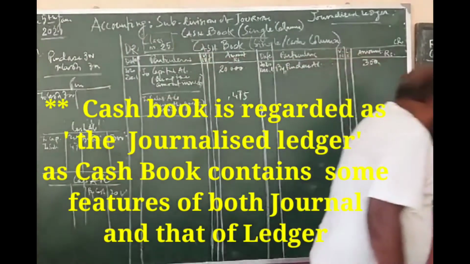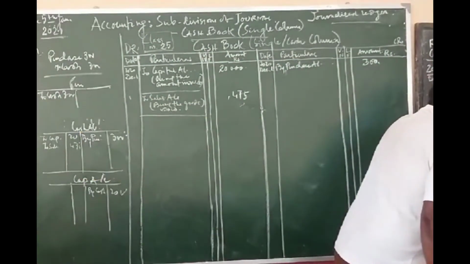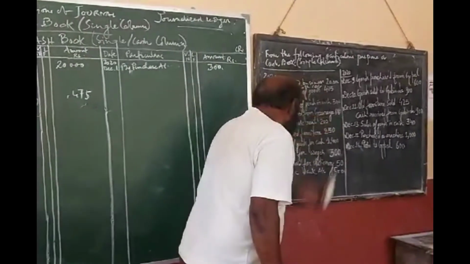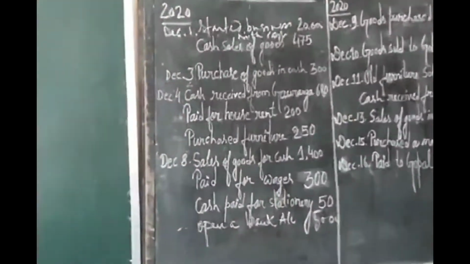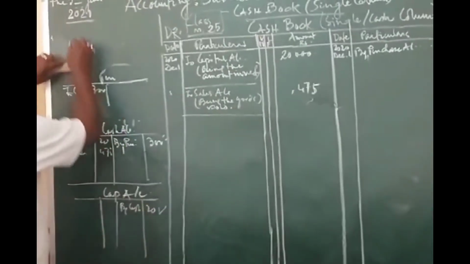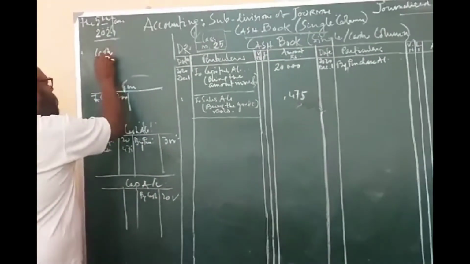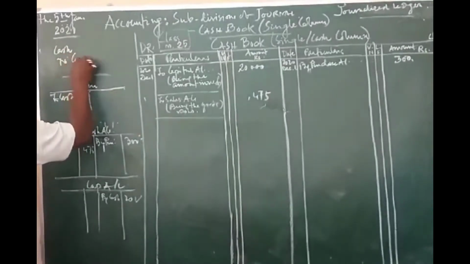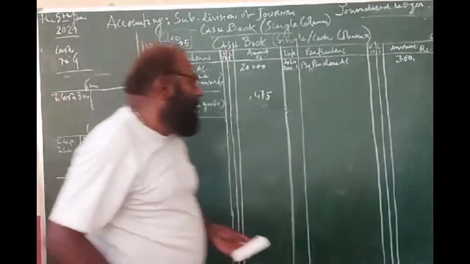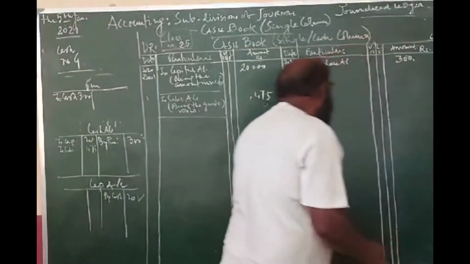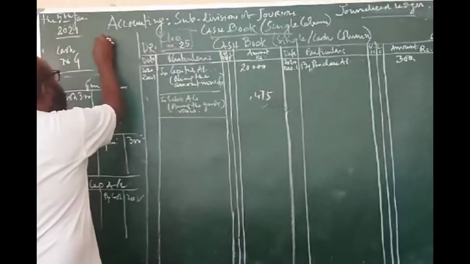Then cash received from Gobrango. What is the journal entry? Just see what should be the journal entry. Cash received from Gobrango, cash account debit to Gobrango. How much? Cash received from Gobrango rupees 680. I am writing it.